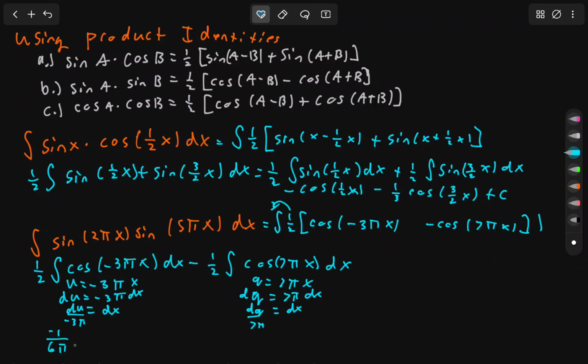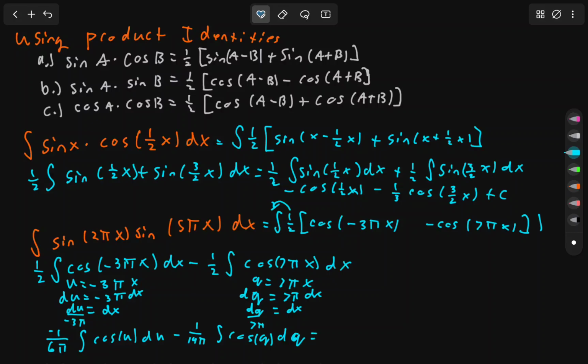Okay, fine, I'll do the steps now. So we now have the integral, and I pulled the du stuff out front. So this becomes cosine of u du minus 1 over 14 pi times the integral of cosine of q dq.